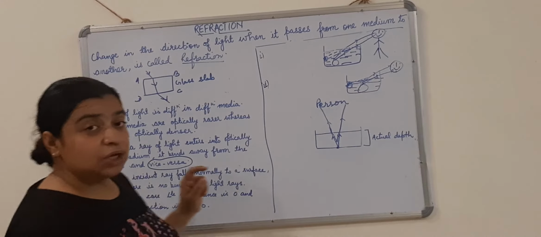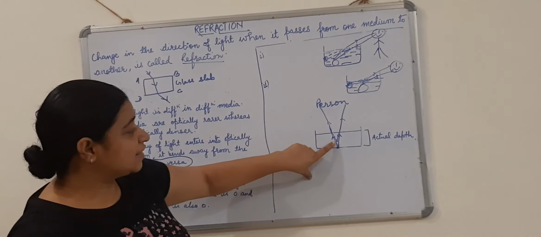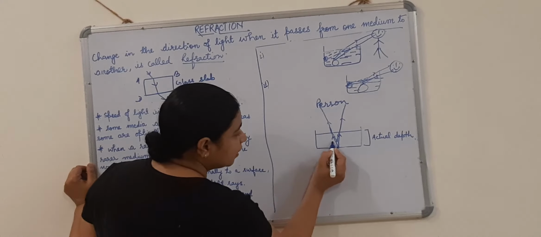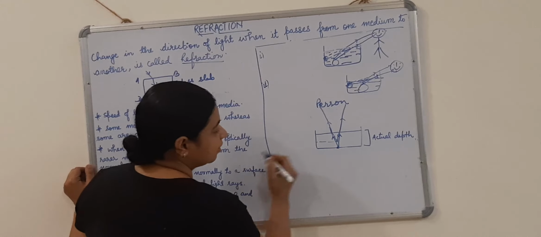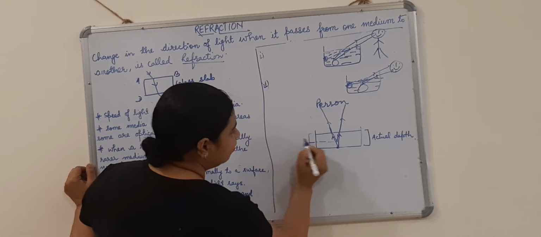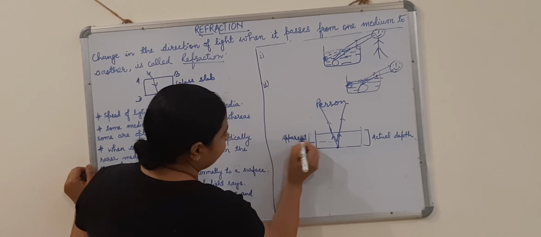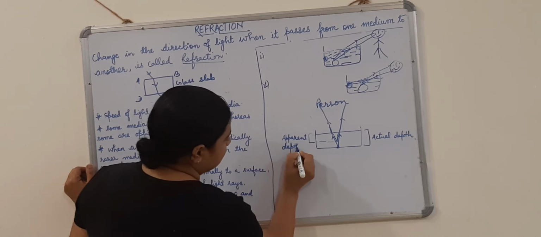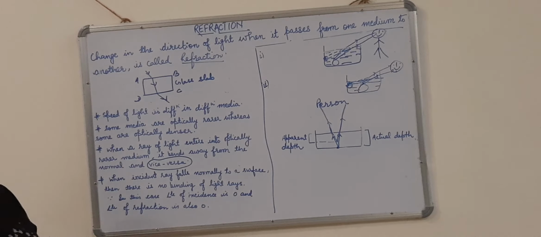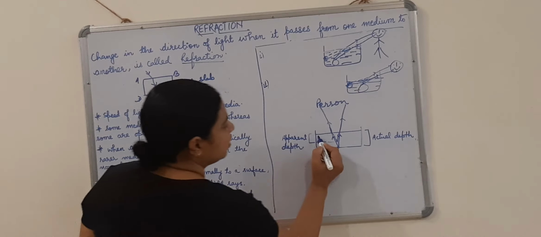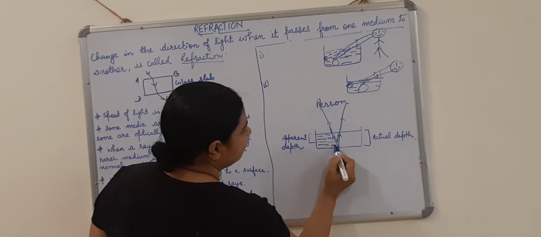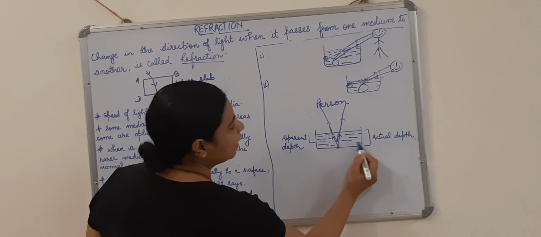It means, according to you, the bottom of the pool is here. So this is the apparent depth of the pool. There is water everywhere. I have not drawn the water just to make the diagram clear.